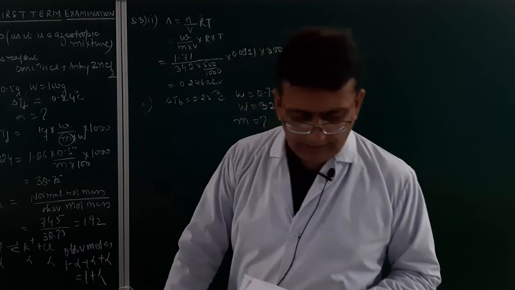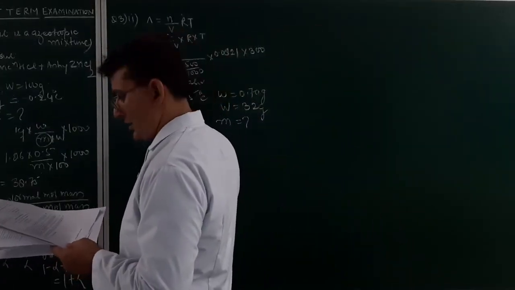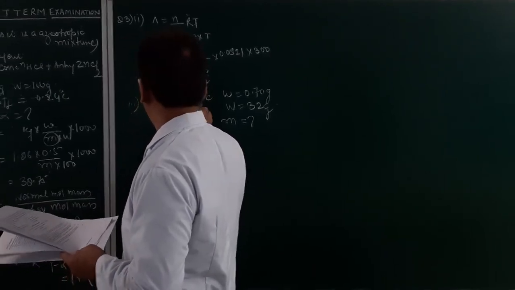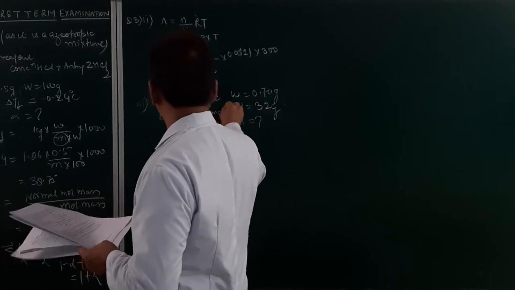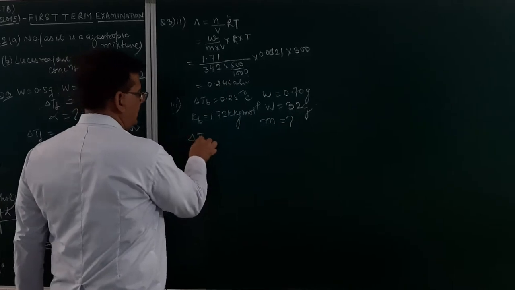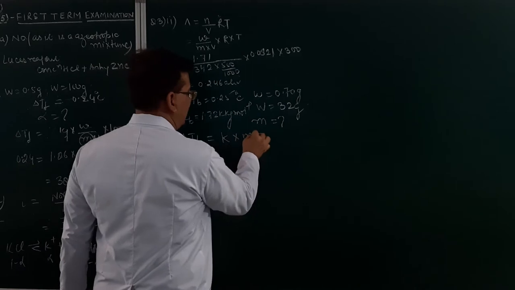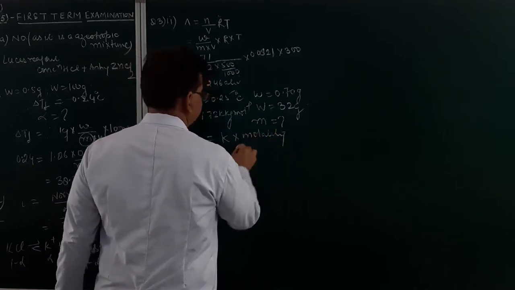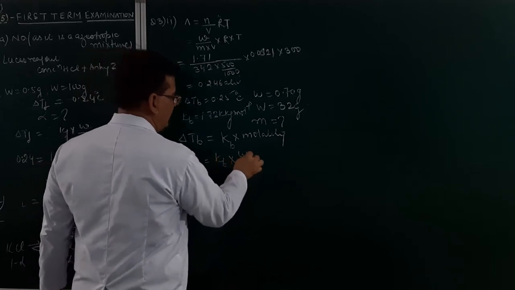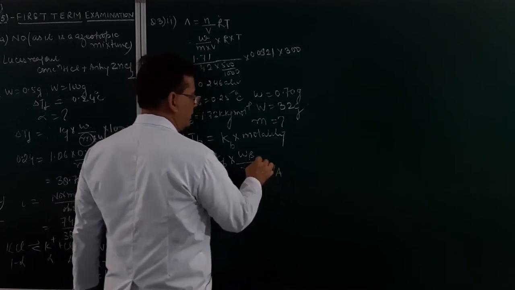KB is given as 1.72 Kelvin kg per mole. Quite simple. Delta TB will be equal to KB into molality of the solution. This will be equal to KB into WB upon MB into WA into 1000.